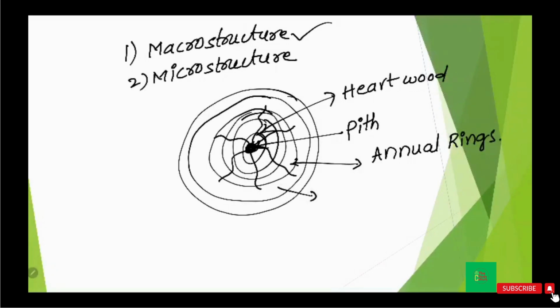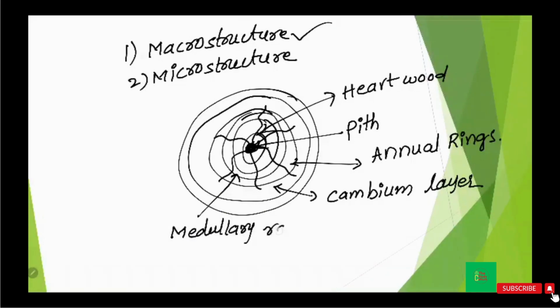This is the cambium layer. These are medullary rays, and this is sapwood, and this outer layer is called bark.